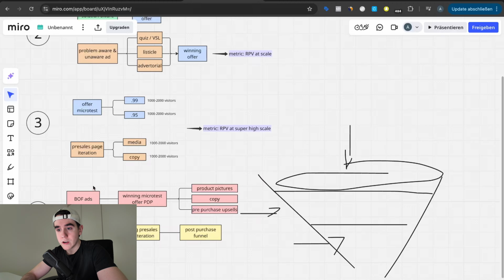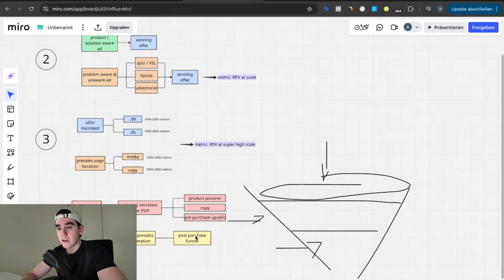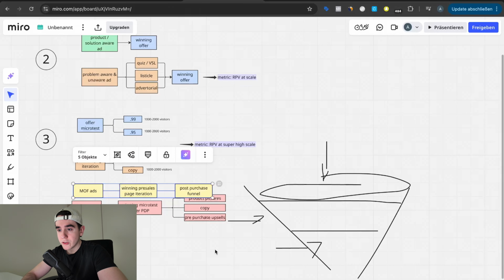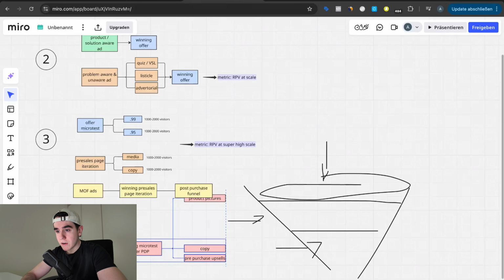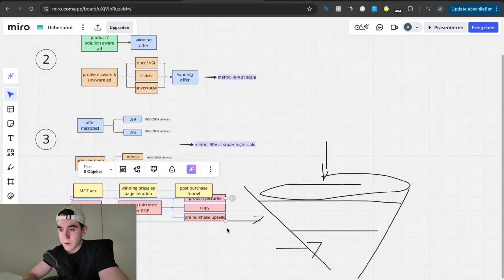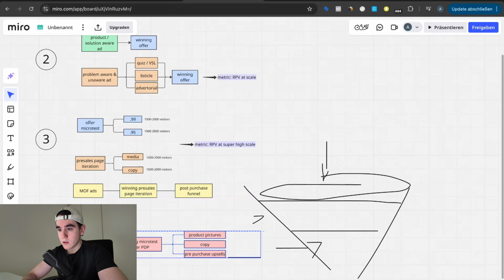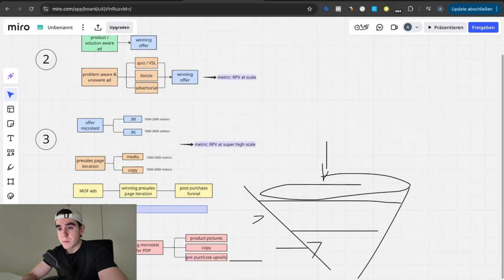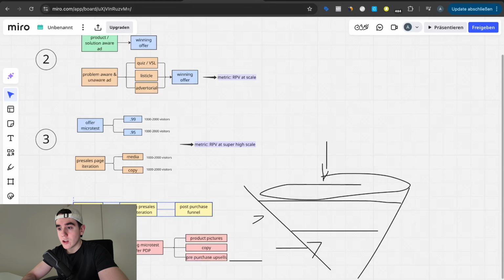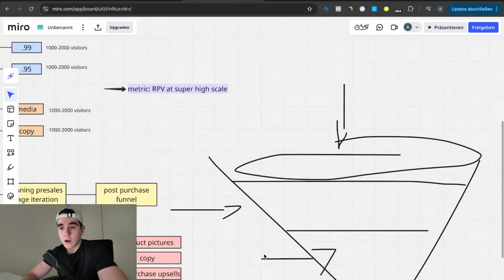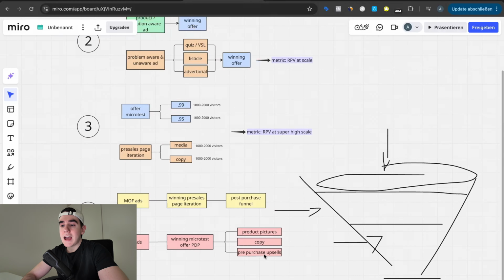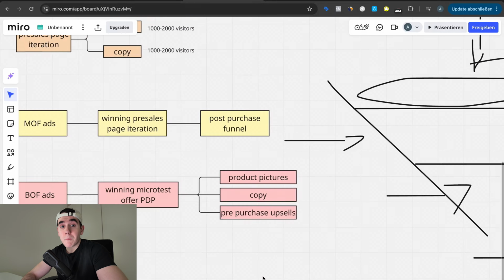Now, for bottom of funnel here, what's super interesting, actually I should turn these around probably so it's easier to see, but for bottom of funnel that is down there, hold on. For bottom of funnel down here, what's super interesting is that these people down here are obviously already, for example, people who added to cart, who went to checkout, maybe have put in their email address, maybe have even bought from you.